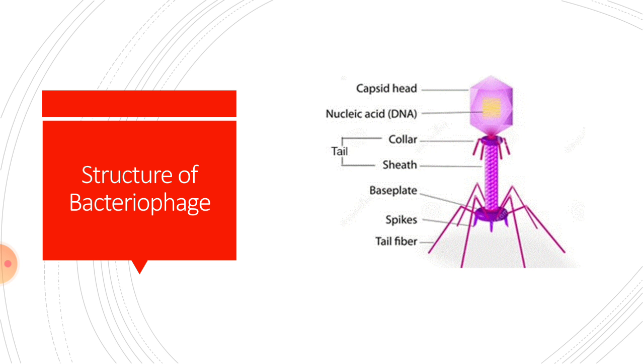T-even type bacteriophages. Bacteriophages show a tadpole-like morphological structure, and the symmetry is binal symmetry. Each phage has two parts, head and tail.